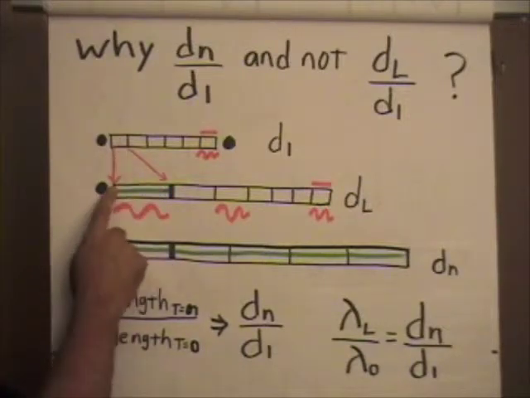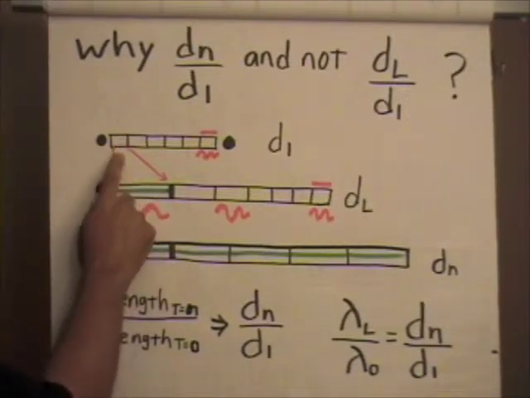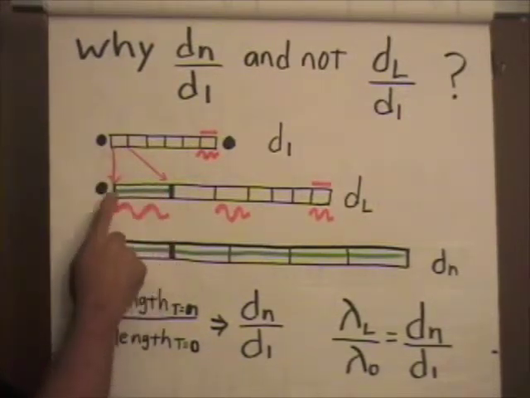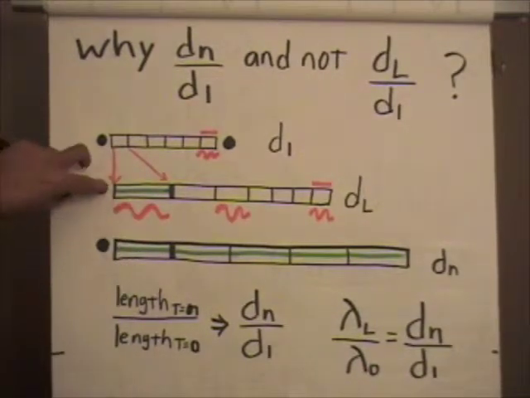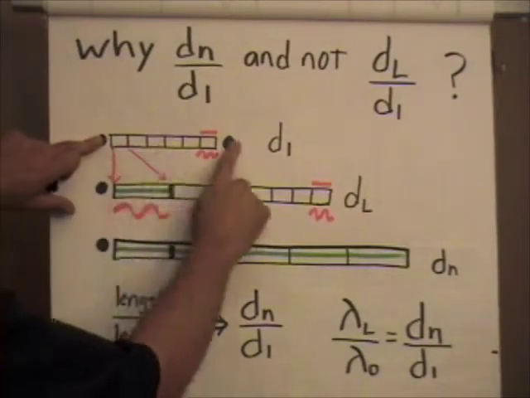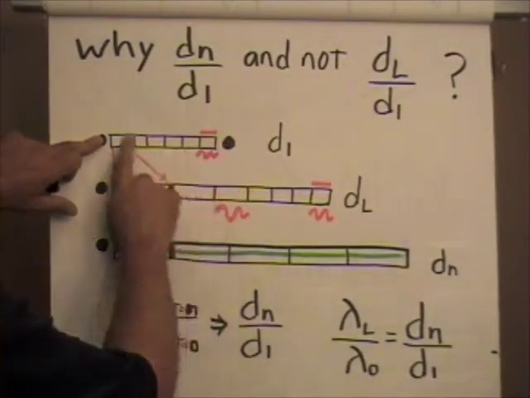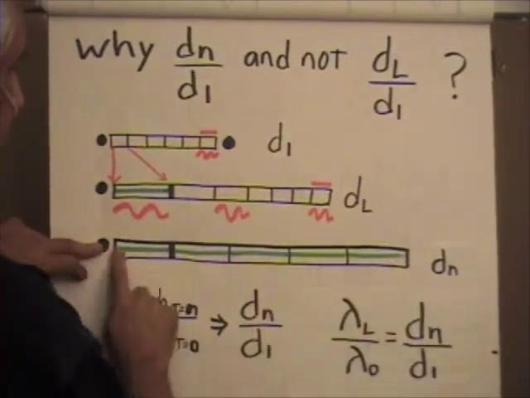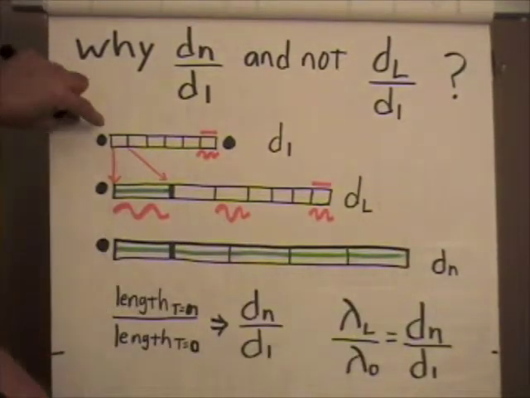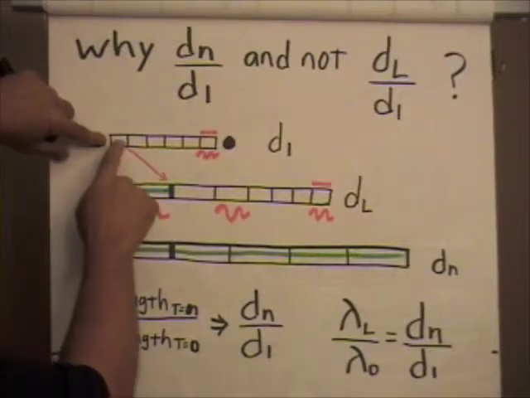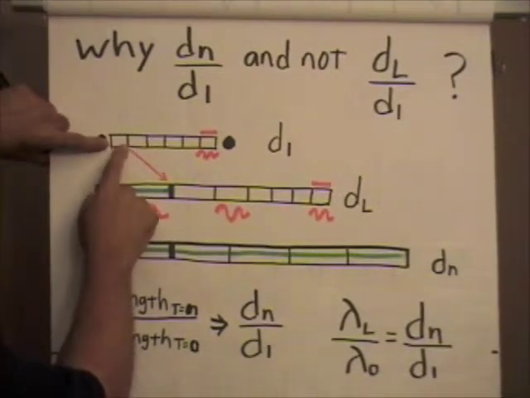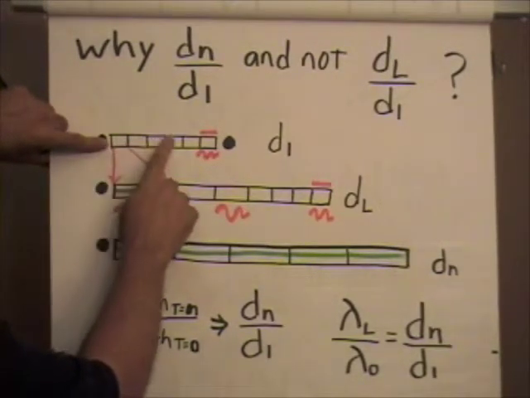Now, what is that ratio for the last bit of time when the light was traveling? Well, an easy way of calculating that ratio is simply to take this distance, d1, and compare it to this distance, dn, because this last segment of space, let's say that's 1 megaparsec. So how many segments are there?